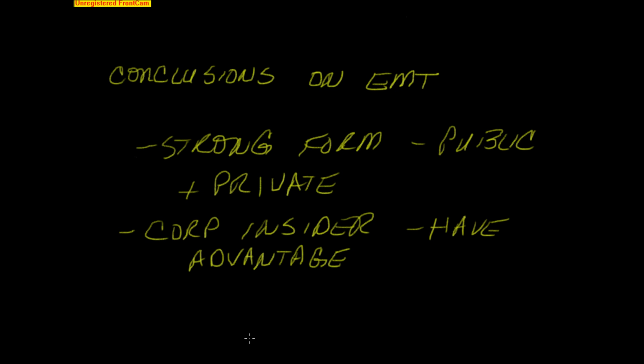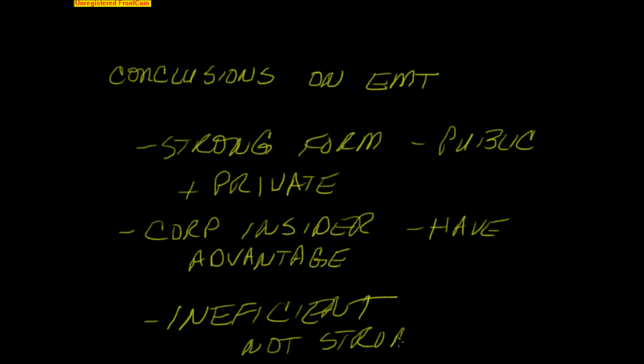So positive information usually means upward mobility in the stock price, which would mean a greater wealth gain for corporate insiders. So another way that we can know that the markets are not strong form efficient. So in general, we're going to say that markets are inefficient in regard to strong form, or that they're not strong form efficient.